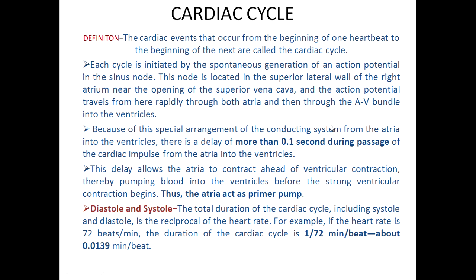To pass this length, it takes more than 0.1 second during passage of the cardiac impulse from the atria into ventricles. So this delay is helpful for pumping of blood from atria into ventricles. Otherwise, if there is no delay, both the atria and ventricles will be in either relaxation or contraction, so at that time there will be no pumping or receiving of the blood.